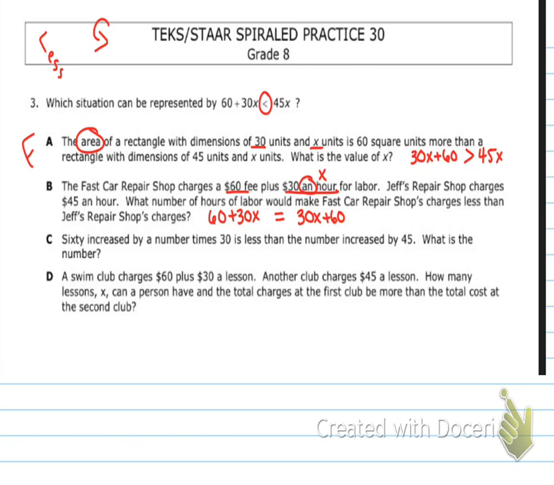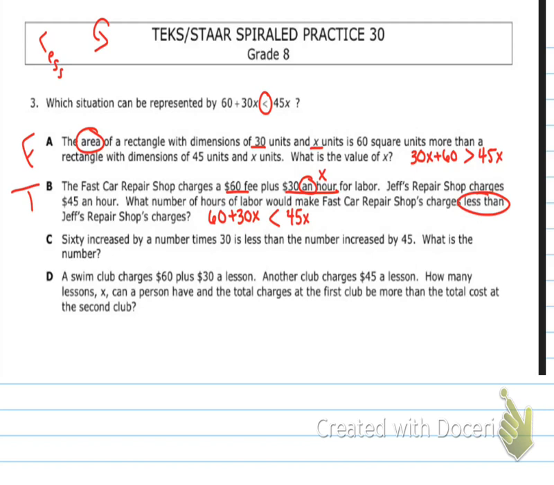In this case, it really doesn't matter. But I'm going to go ahead and set it up like this because that's the order it says it in. And then it says Jeff's repair shop charges 45 an hour. So this other guy is 45x. Now, pay attention here. Fast car, so that's the first one I wrote, charges less than Jeff's. So the first equation is less than 45x. This one actually does match what I'm looking for. So more than likely it's going to be B, but we always want to go through and finish all of them.